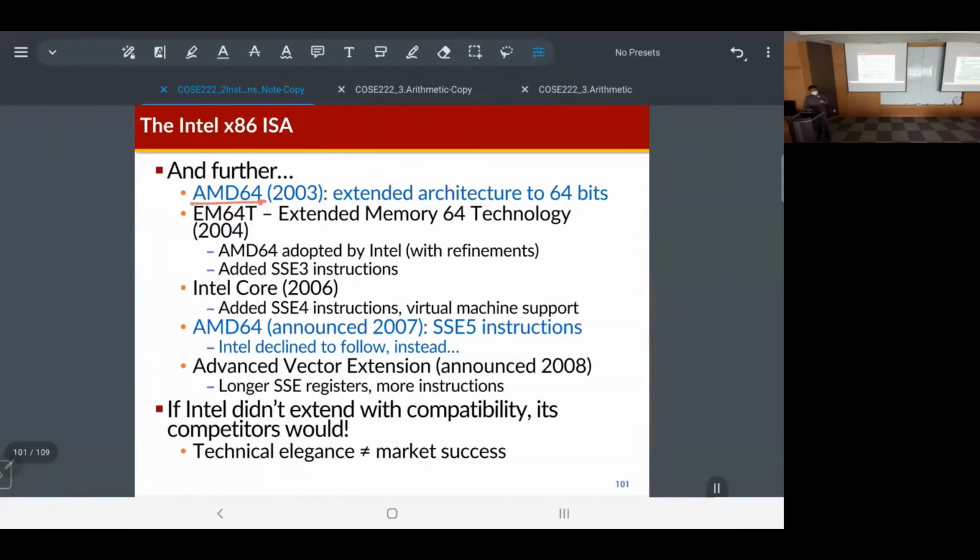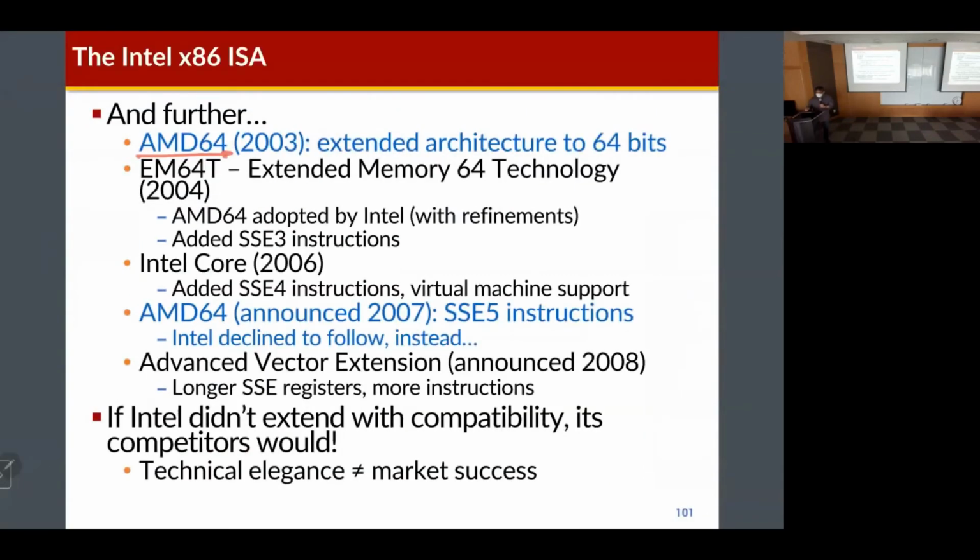So Intel originally developed the x86 ISA, but the 64-bit extensions were developed by AMD. And what did Intel do?